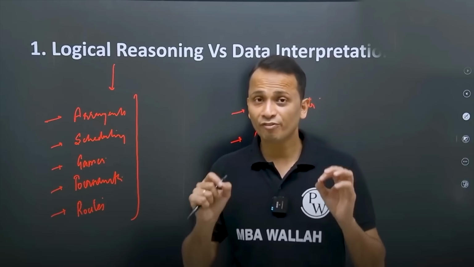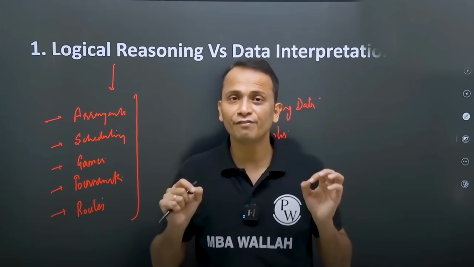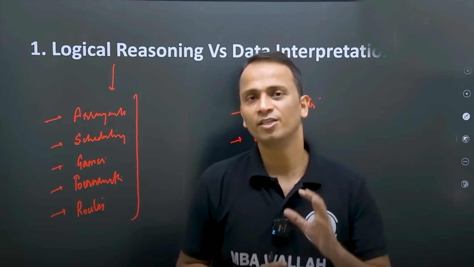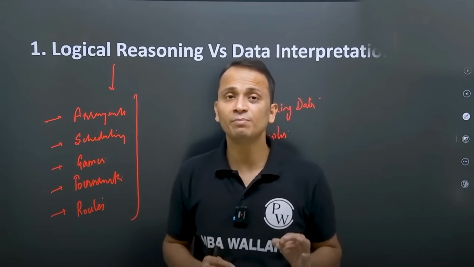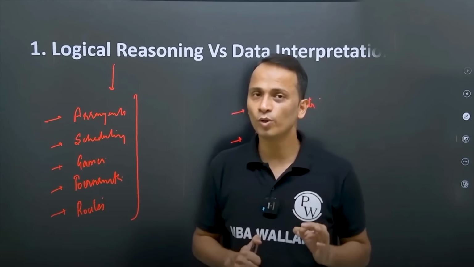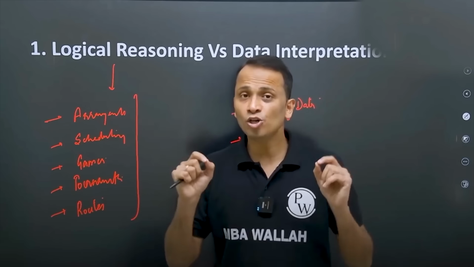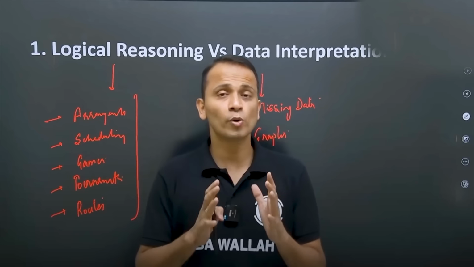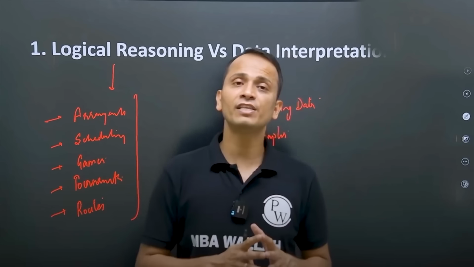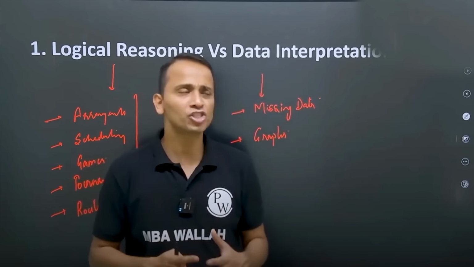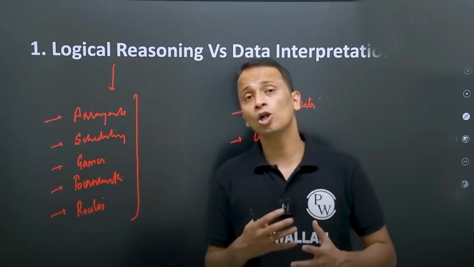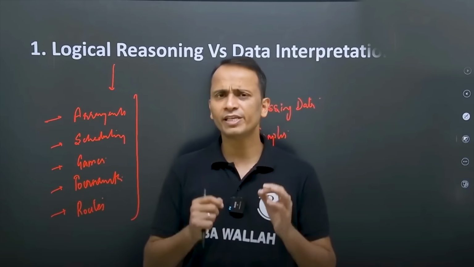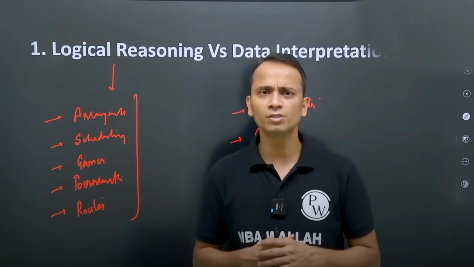Okay. Now, friends, focus on each and every word that I have mentioned in the last 2 to 3 minutes. That is very important. Now, any of these problems you may face, right? It is not necessary that you are facing all the problems that I have mentioned in data interpretation or all the problems that I have mentioned for logical reasoning. No, you may be facing one or two of those problems, right?